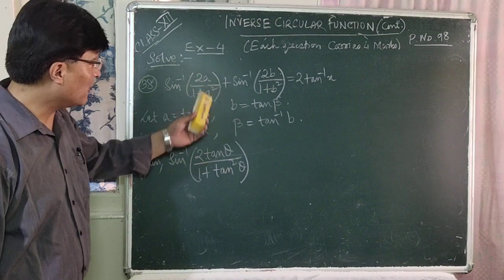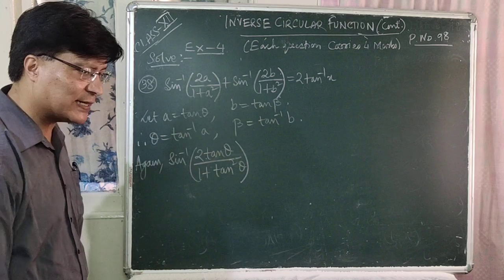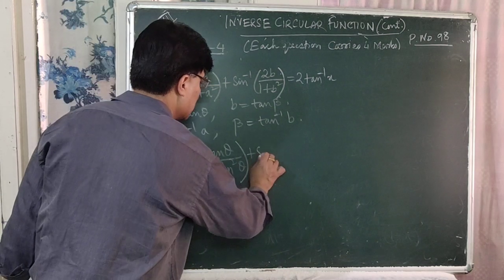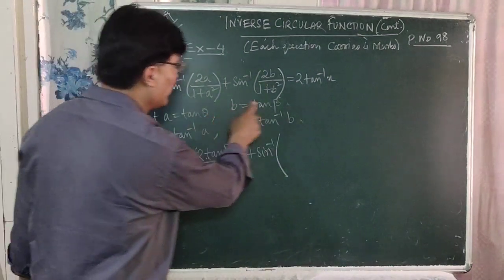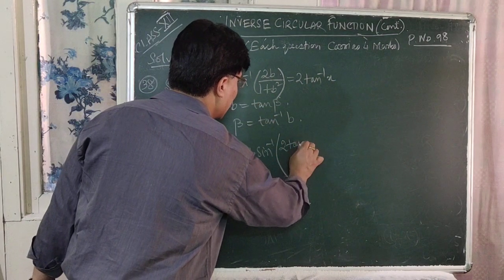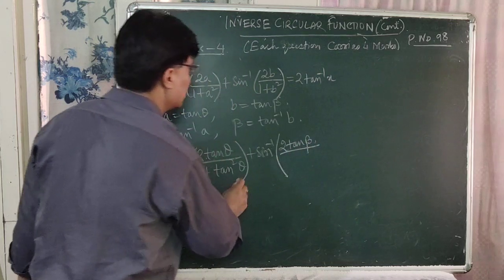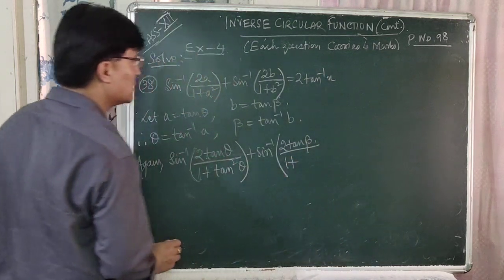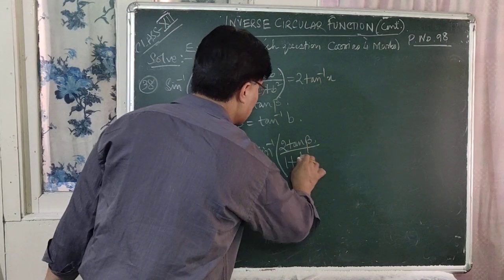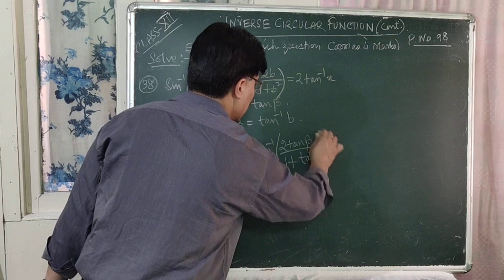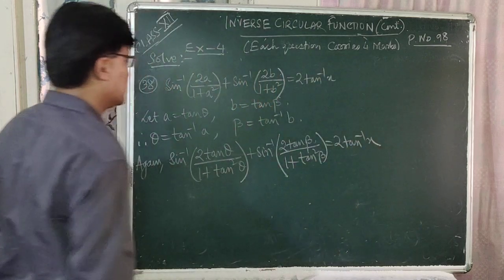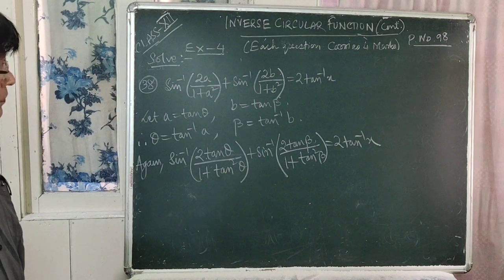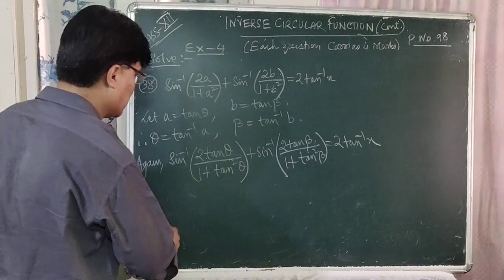What is the value for a? Here it is tan theta, plus sin inverse within bracket. What should you put for b? It is 2 tan beta divided by 1 plus, what is b square? It is tan square beta, right? Which is equal to 2 tan inverse x. Is that clear to all of you? So we got this expression, okay?